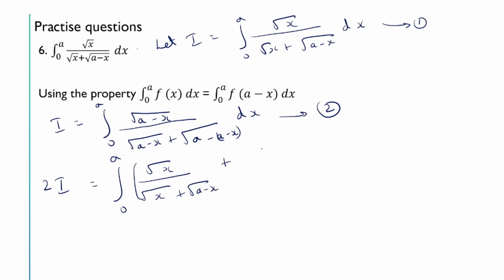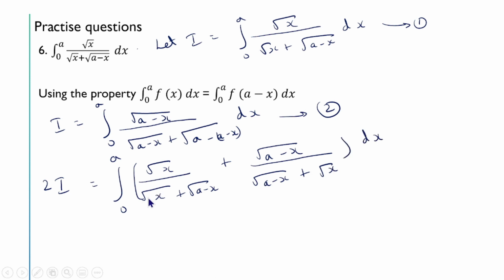plus, I am writing this, root of a minus x upon root of a minus x plus, here root of a minus x is a minus a plus x. So these two a will go. So it is root x into dx.